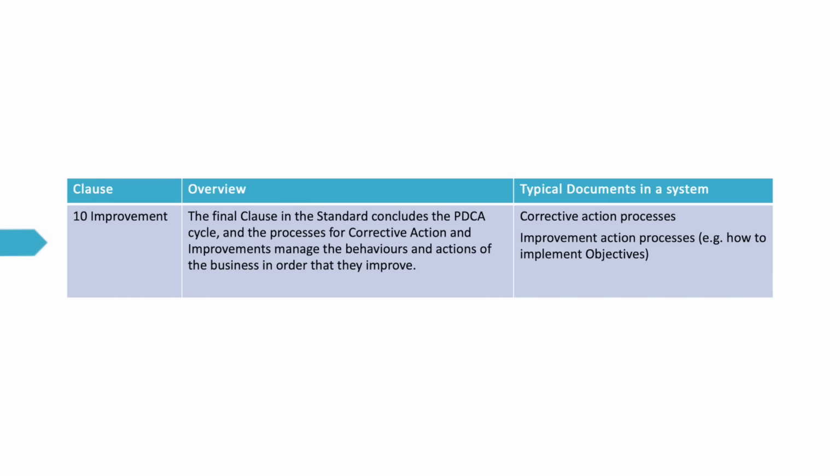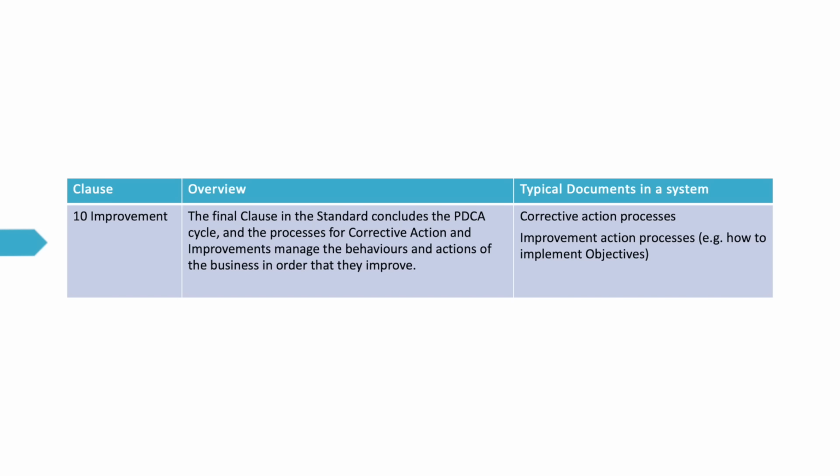The corrective action processes are going to be those things that help you manage the issues that you might have found through internal audits or your issues from complaints or customer feedback, things that you're going to need to put right. You're going to be able to write those down to understand them and then be able to look for trends across them as well. So not only solve the individual problems, but then start to be able to see, are there actually issues that are occurring and there's a theme.